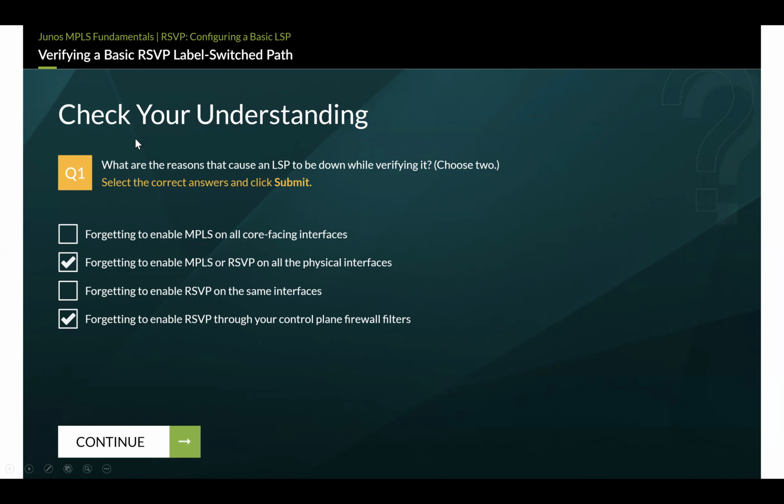So again, we are coming to the basic understanding or question and answer section. What are the reasons that cause an LSP to be down while verifying it? Forgetting to enable MPLS or RSVP on all physical interfaces. That will be one reason. And another, forgetting to enable RSVP through your control plane firewall filters, if you use firewall filters.